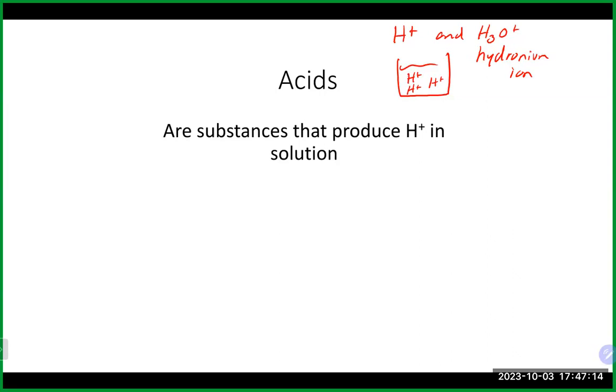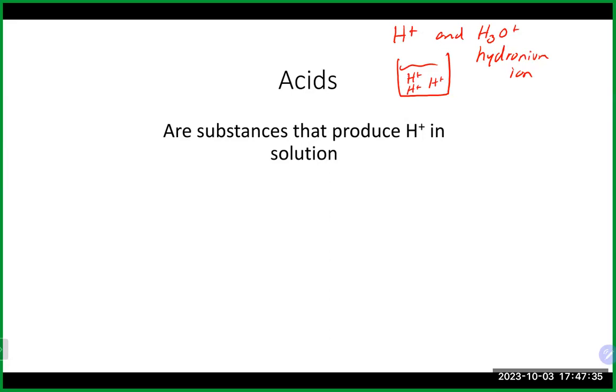And the amount of H+ in that solution also determines whether the solution is going to be acidic, basic, or neutral, for example. So acids are able to do that. We think of acids as a sort of ionic compound, even though traditionally they're covalently bonded.